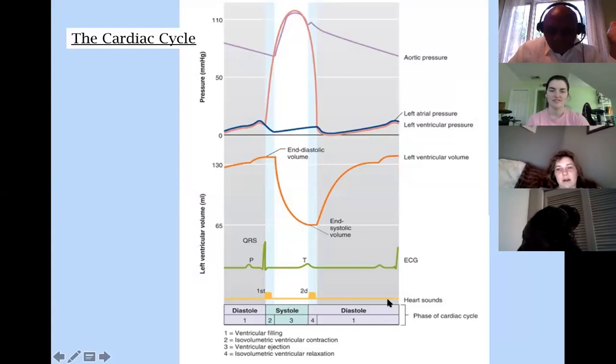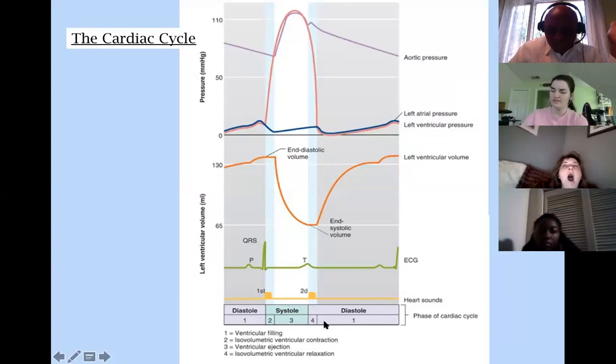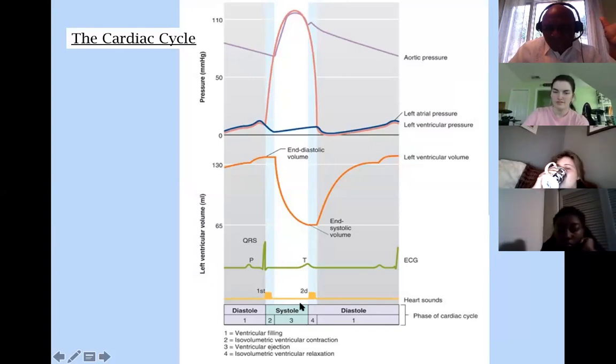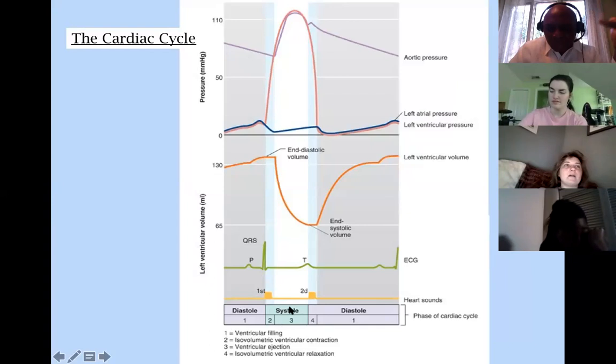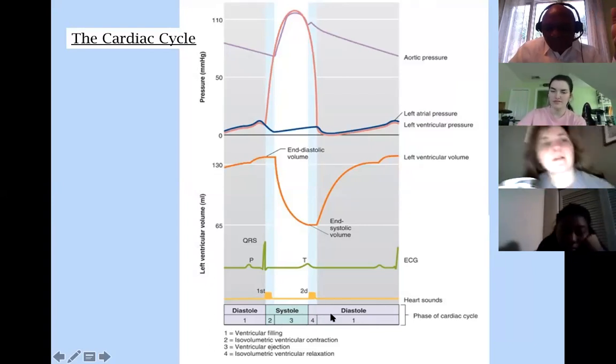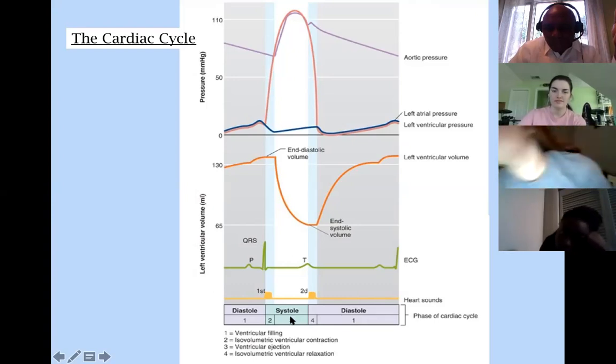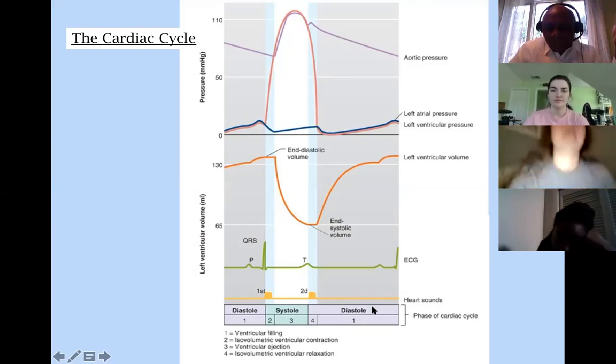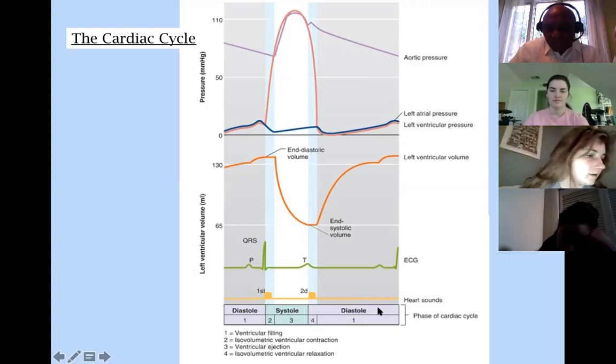And so this is one complete cardiac cycle. Remember, we said the cardiac cycle oscillates between ejecting the blood, systole, and relaxing, refilling, that's diastole. And you can see that there's a difference in the duration.